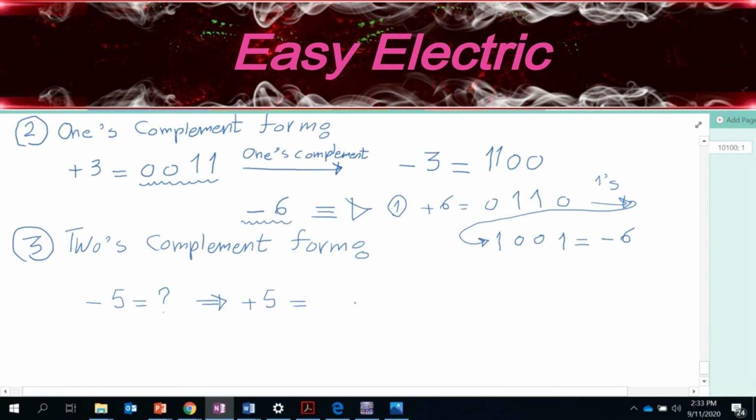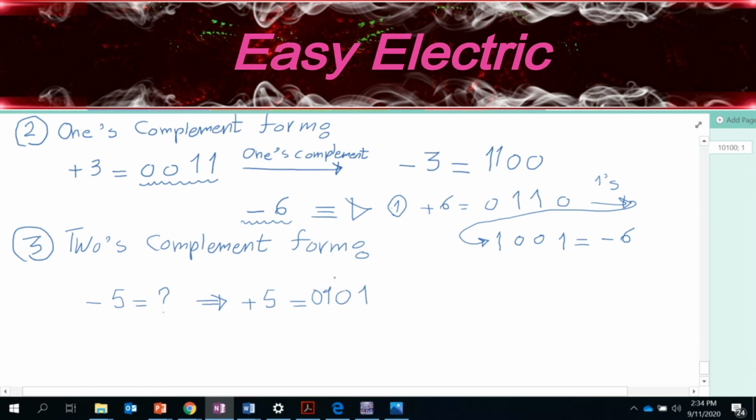What is 5 with 4 digits in binary? So that's right: 0101.